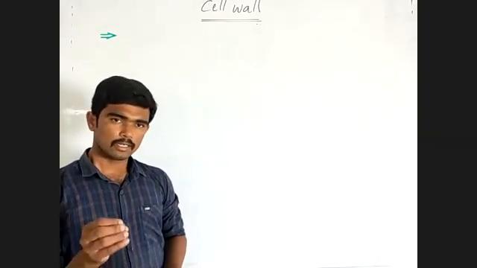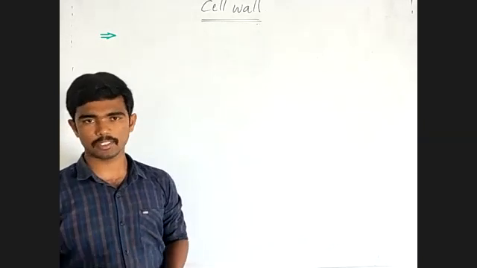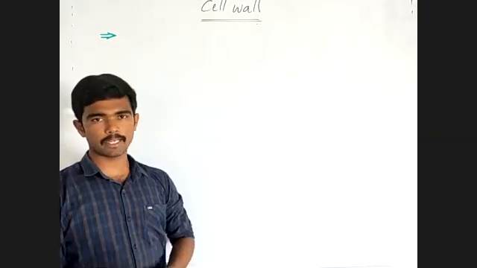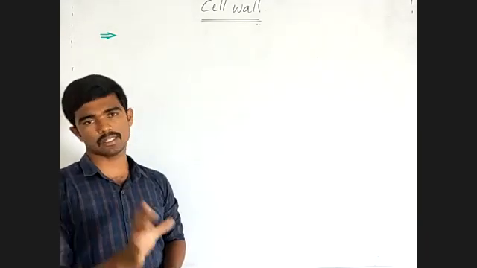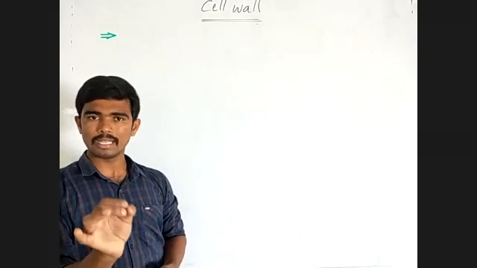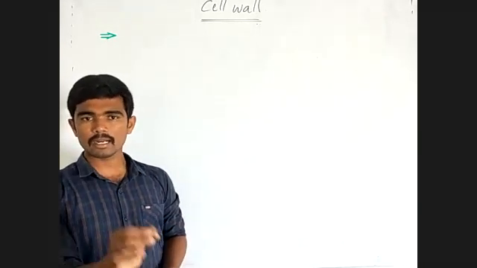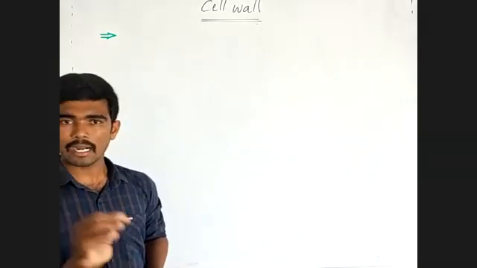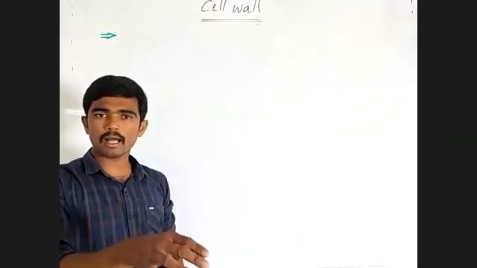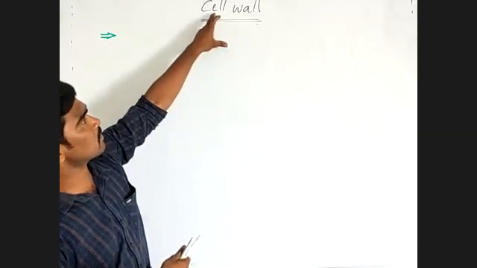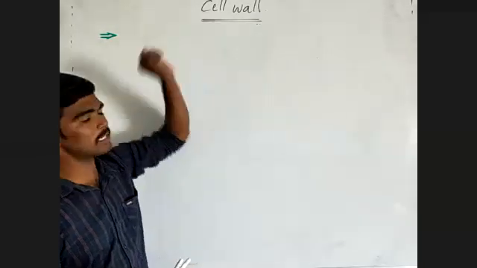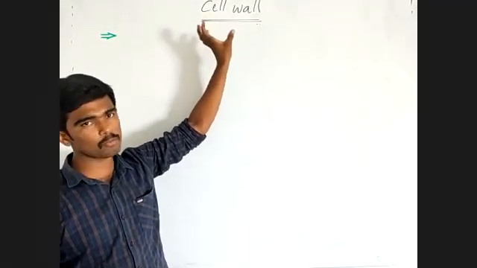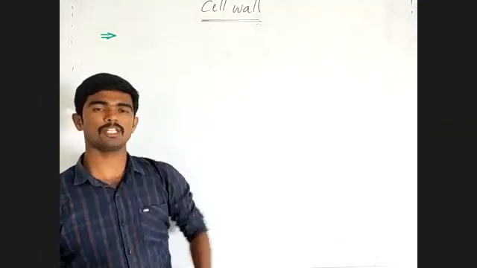But in plant cells, on the plasma membrane, there is another tough, flexible layer. That additional layer present on the plasma membrane is called the cell wall. It is a very important, very active part of plant cells.